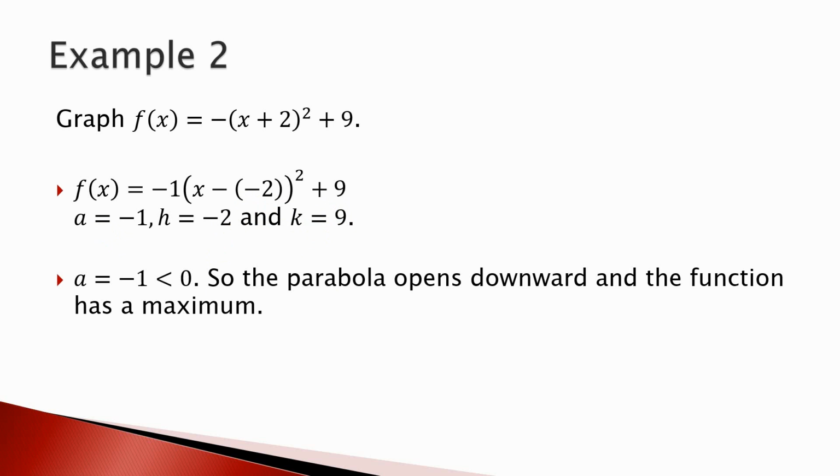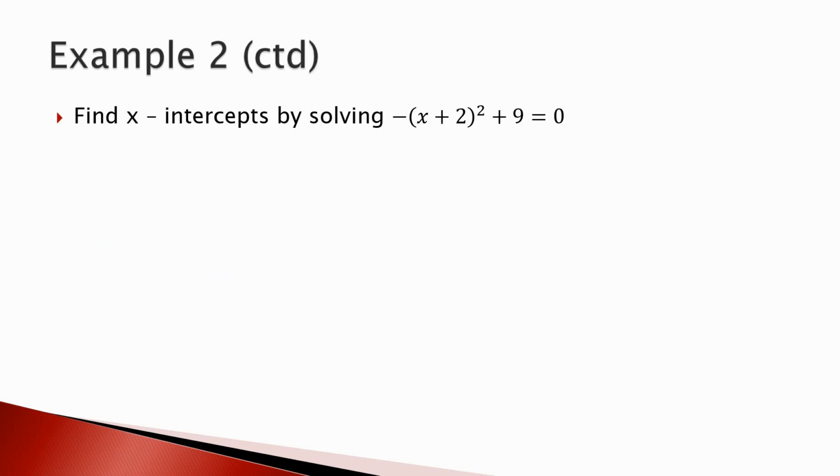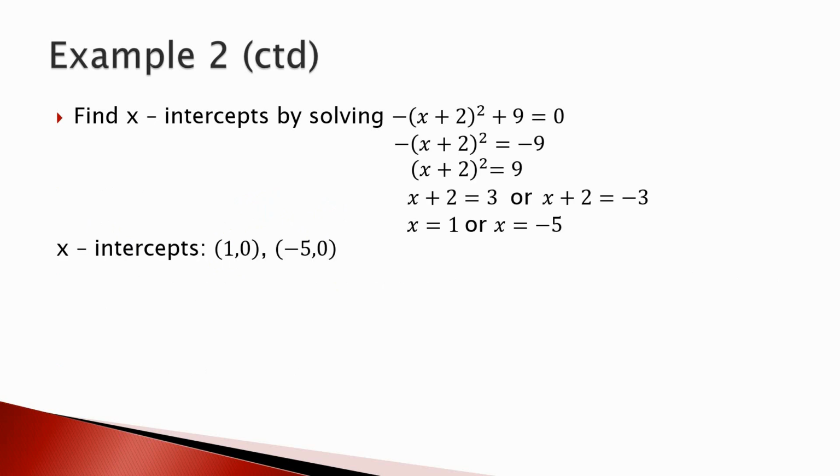Now a is negative, so the parabola opens downward and the function has a maximum value. The vertex is negative 2, 9. You can find the x-intercepts by solving this, and the x-intercepts are 1 and negative 5, since on the x-axis y is 0.